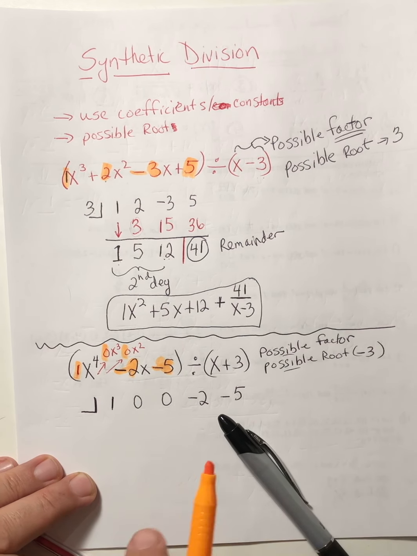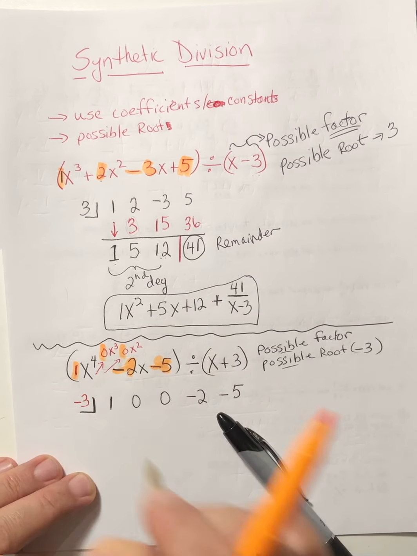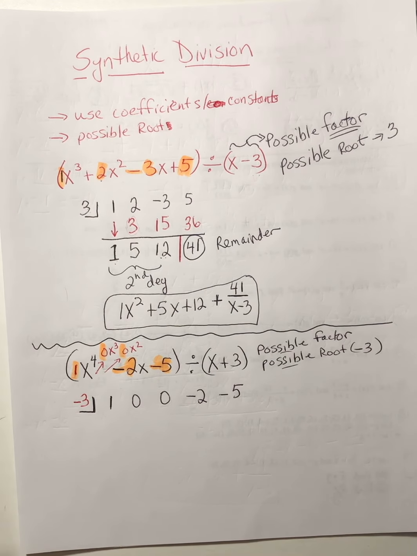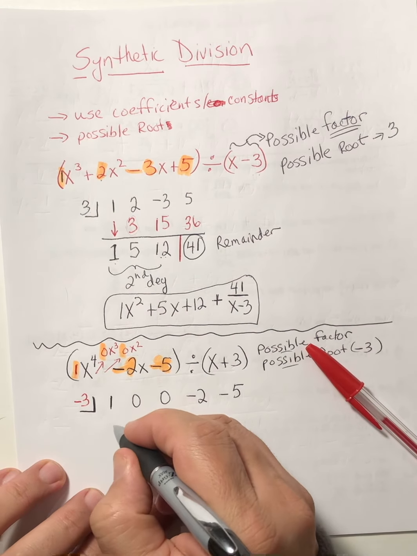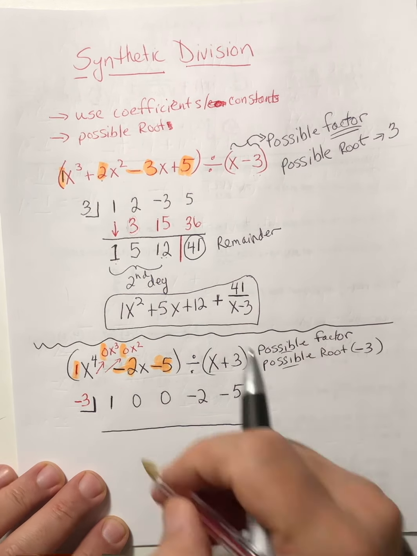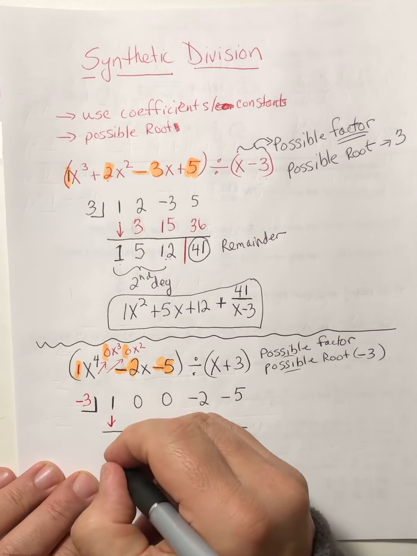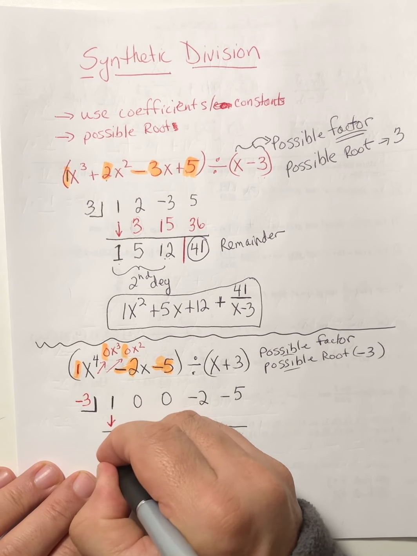So right here I'm going to put negative 3. Then we'll put our line under here. Make sure you have enough room so you can squeeze in the numbers just like we did before. That's right, we dropped the lead term. So I dropped the 1.